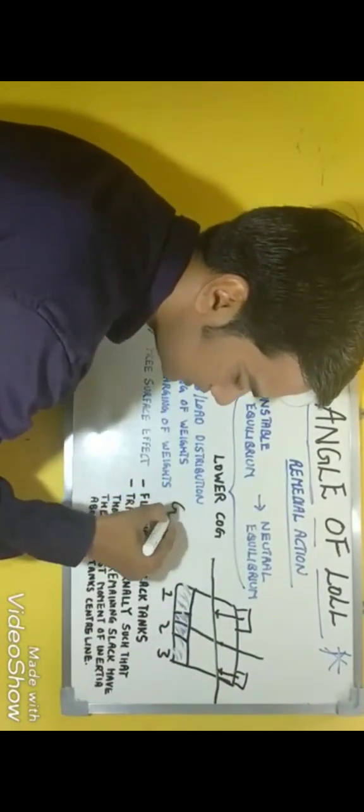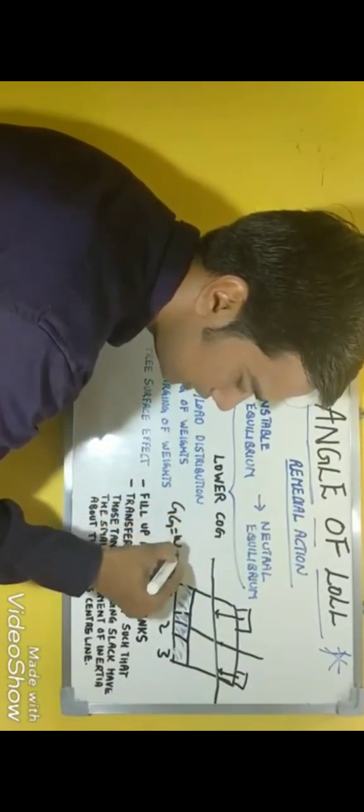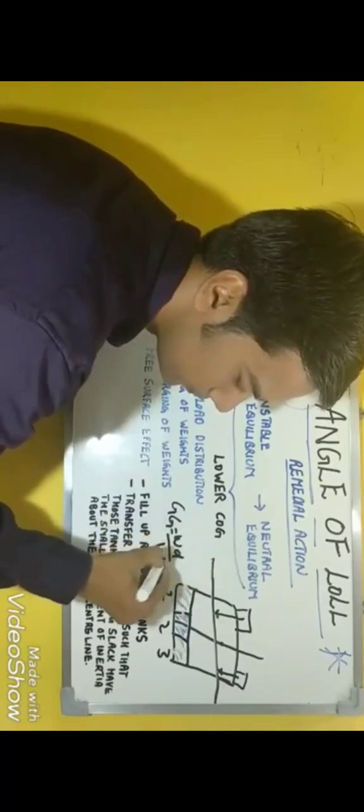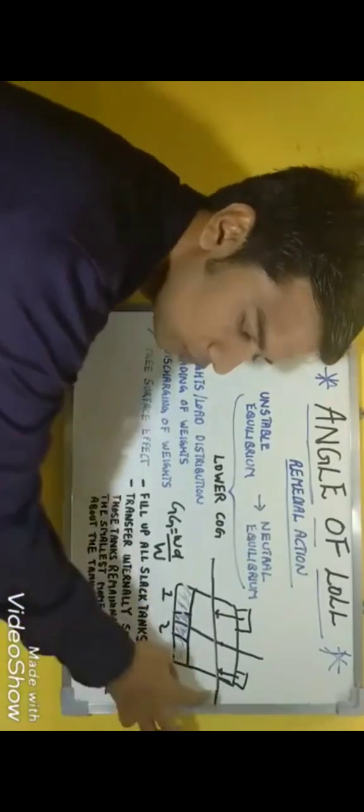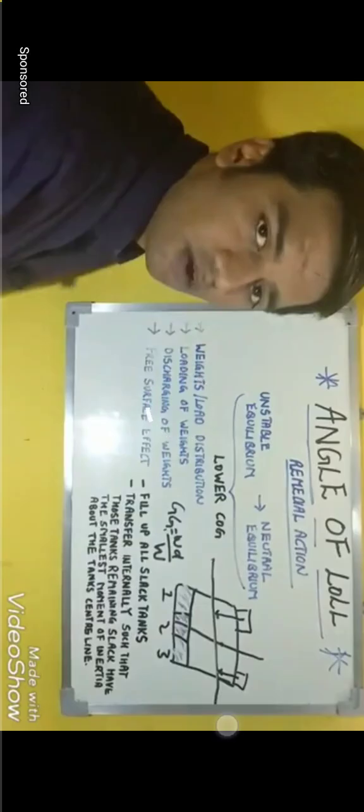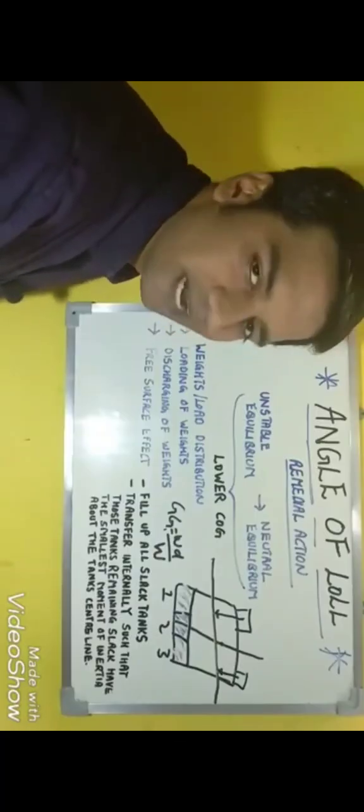Okay, so we know the shift of center of gravity GG1 equals WD divided by W. So the vertical distance of the center of gravity is greater on the higher side compared to that on the lower side. Hence the shift of GG1 would be greater when you will be shifting the cargo from the higher side first.